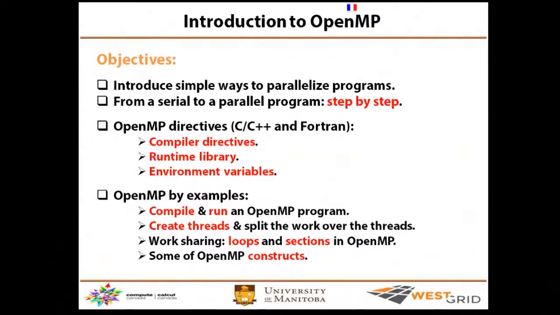This means we start with a serial program, add some OpenMP directives, to have a parallel program. The OpenMP components are three: directives which we add for the compiler, a runtime library, and environment variables. We'll explain all this later.